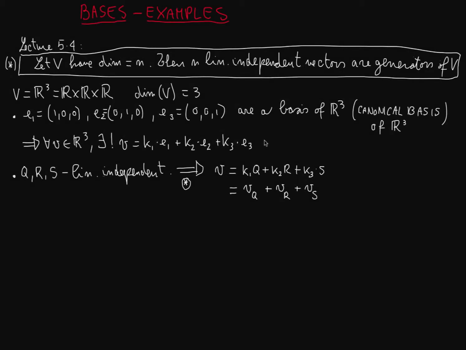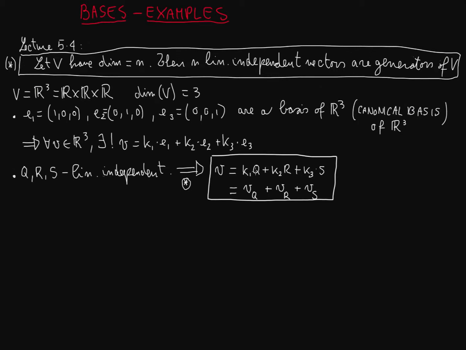In this last lecture of the series about bases, we are going to focus again on this relation. In the last animation we kept V fixed and moved Q, R and S in order to see how the coefficients of the linear combination would change.